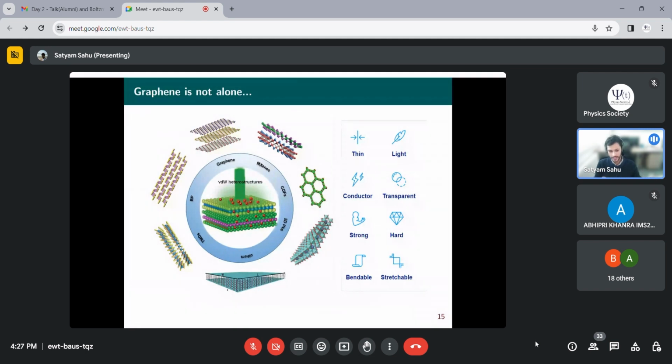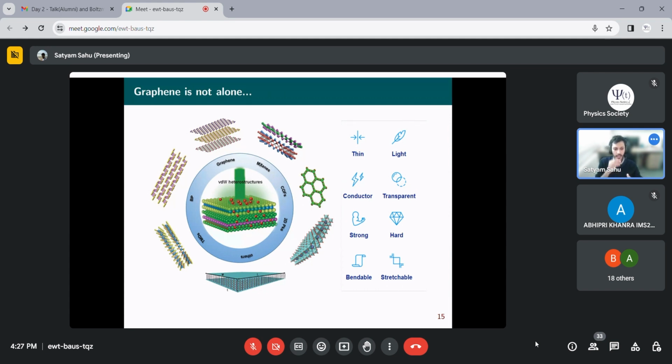For example, graphene, phosphorene, and silicene. Phosphorene is just a layer of phosphorus atoms, silicene is silicon atoms, and likewise you have black phosphorus-like materials. Then there you have two different types of atoms, for example boron nitride, and then the major part of this family covers the TMDs, which are called transition metal dichalcogenides or transition metal dihalides. We'll be discussing more about this family.